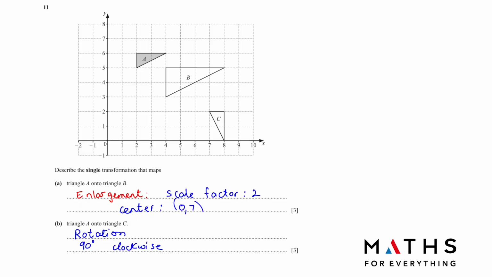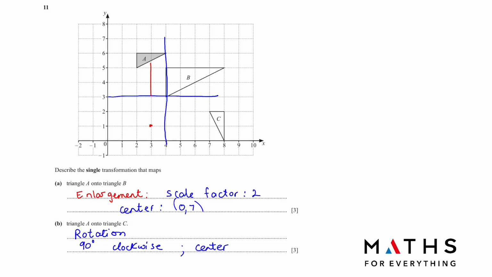You need a tracing paper and then you need to find your center of rotation. And then you need to draw a straight line like this and a line like this and turn it around at different points to show when this rotates to C. The answer here is 3 and 1.